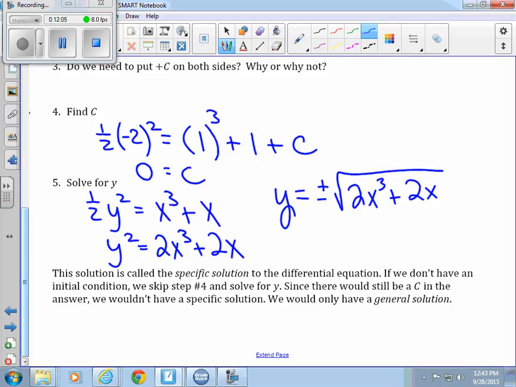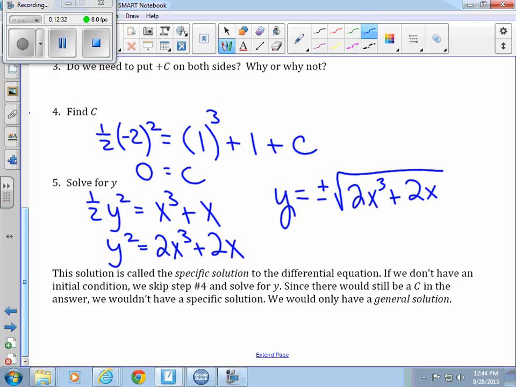Because what did I just say? The solution to a differential equation is a function. Why is this not a function? It's two pieces. Now, if we didn't have a c, we'd have to leave it plus or minus. But we do have a c. We had a point we plugged in. What was that point? 1 and negative 2.